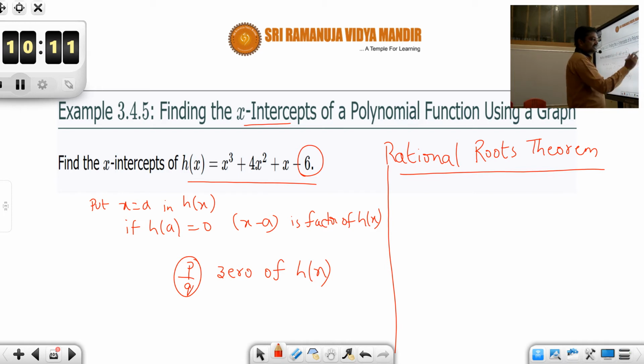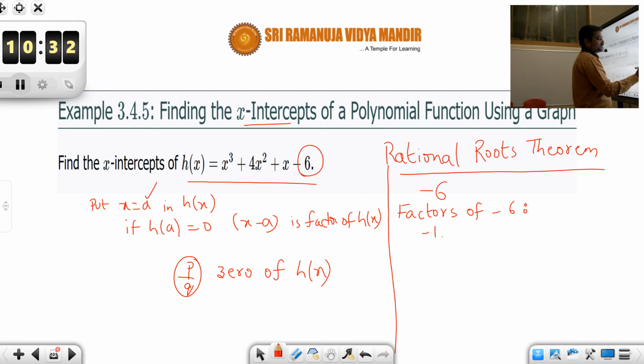The factors of minus 6 would be the suitable values for checking. That is, what is the constant over here? Constant is minus 6. What are the factors of minus 6?